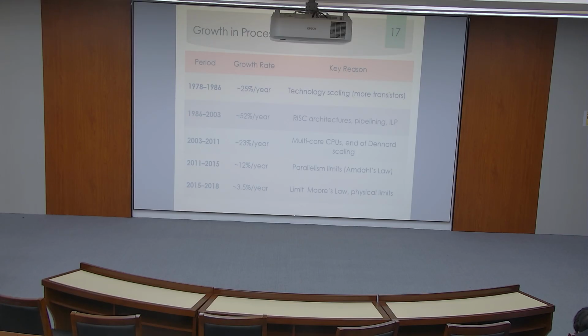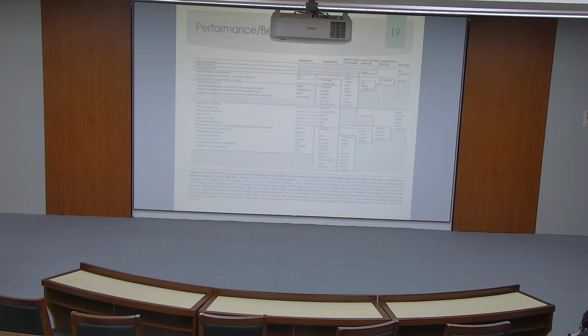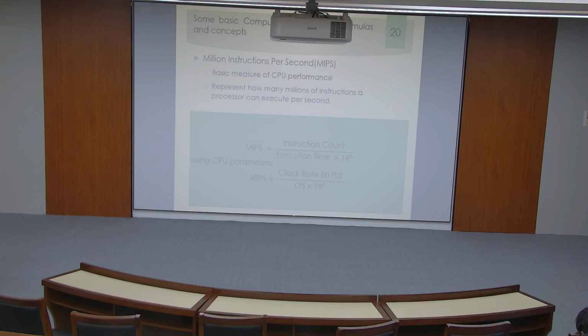So we just talked about the growth in processor performance. Now we're going to talk about some important computer architecture concepts which can help us assess computer performance. Starting with million instructions per second, MIPS.